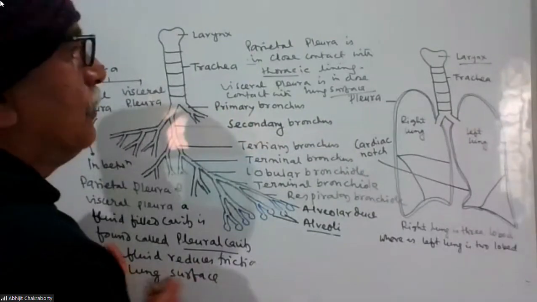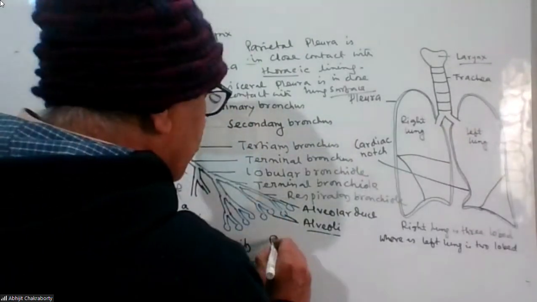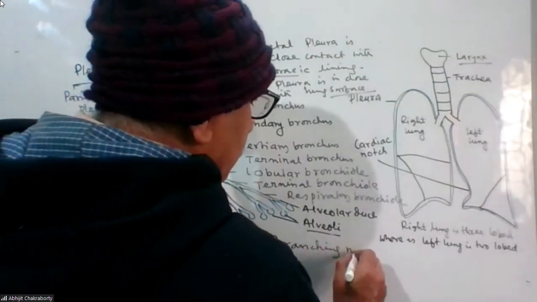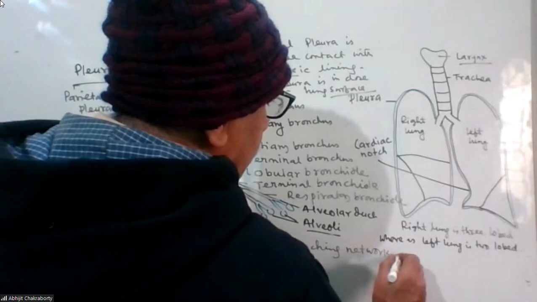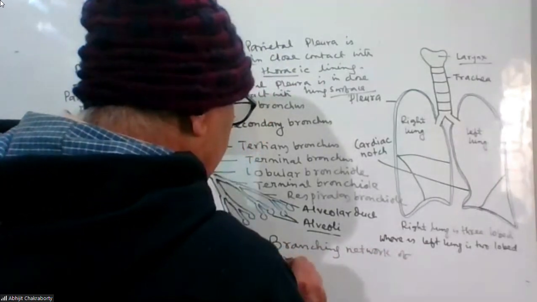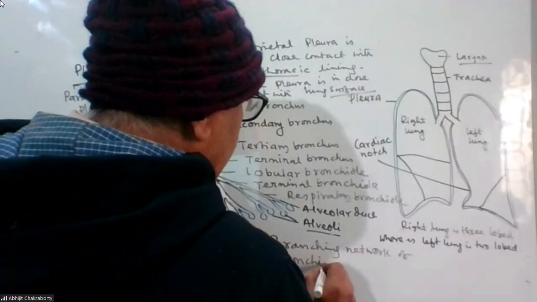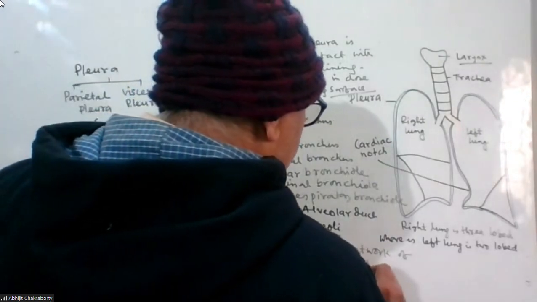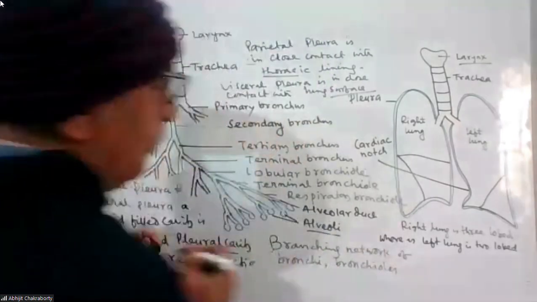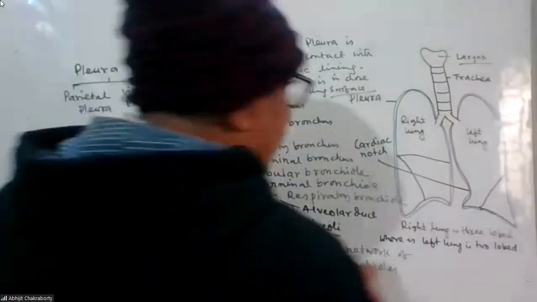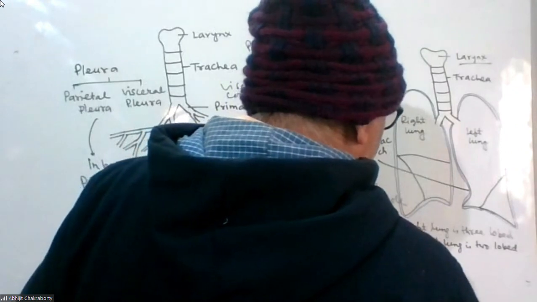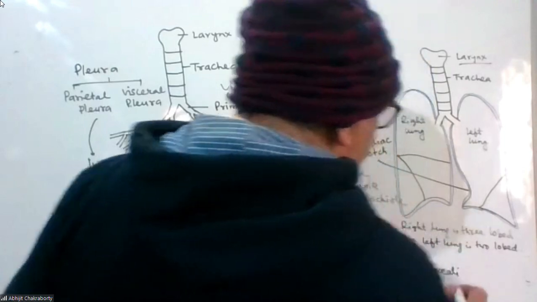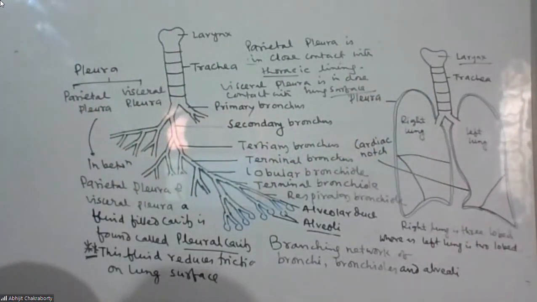Branching network of bronchi, bronchioles, and alveoli comprises lung.